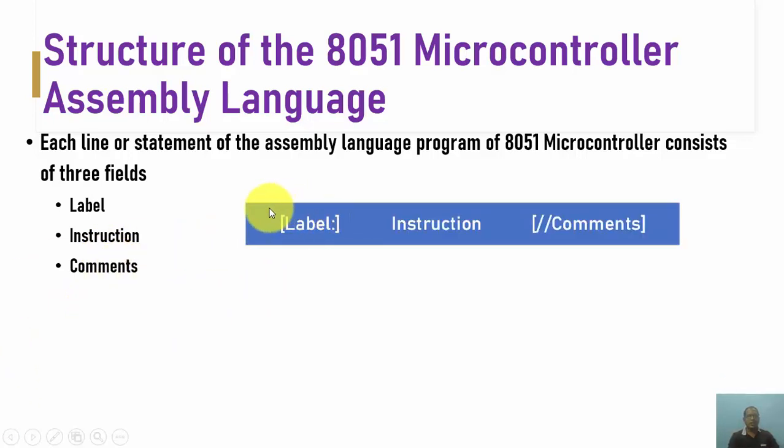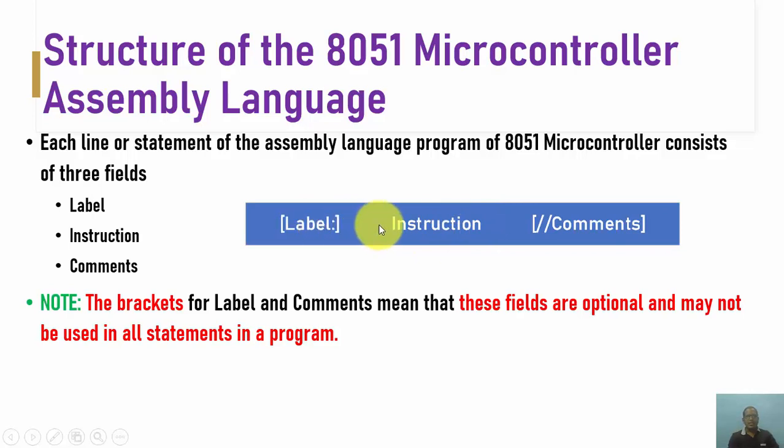So the structure for each statement in the 8051 microcontroller is like this. We have a required instruction which gives a command to the 8051 microcontroller CPU to perform a specific task. Then we have the label and then a comment. The comment basically defines the meaning of this instruction.